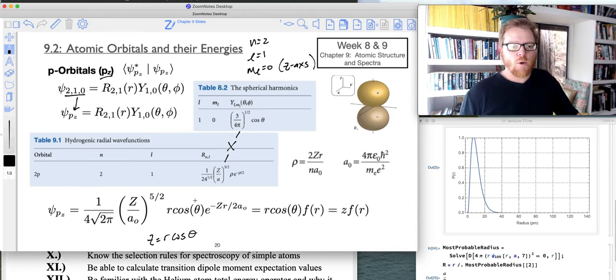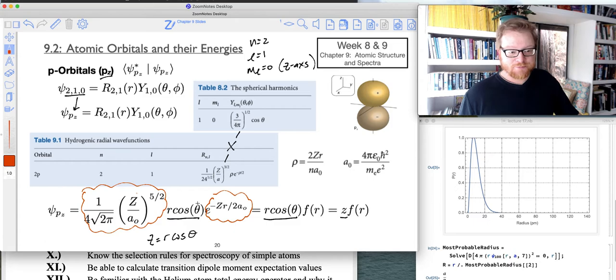So this was done algebraically. There was an algebraic manipulation here to show you that here is this r cosine theta, which I'll highlight, and there it is right there, and that just becomes z. And then all of this other stuff that I'll bubble off in red, this term right here and this term right here, those get combined into some new function, f of r.